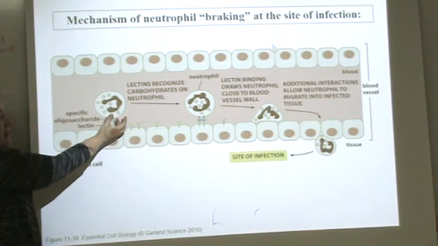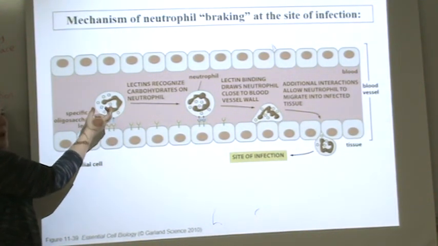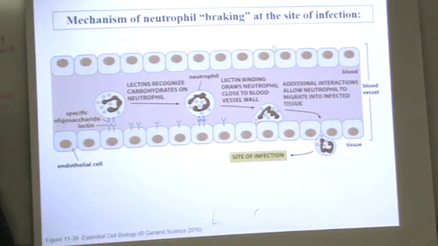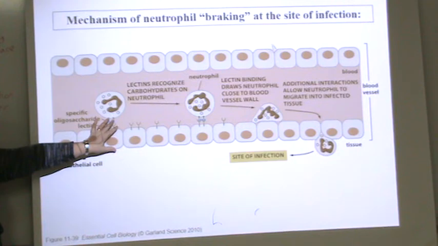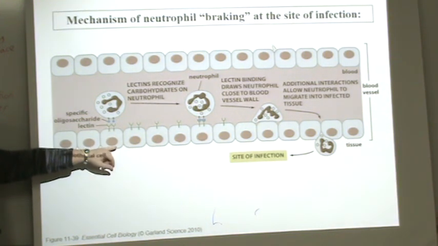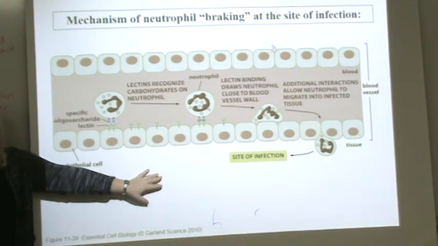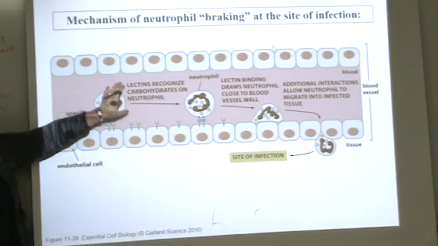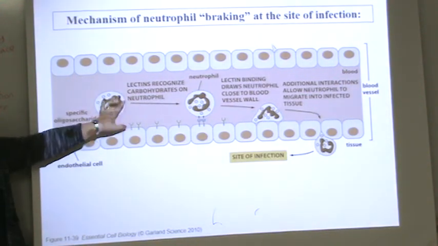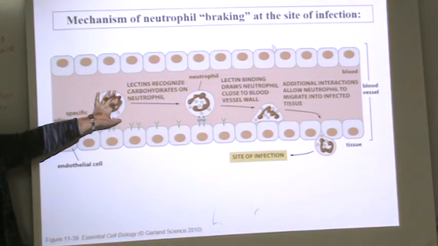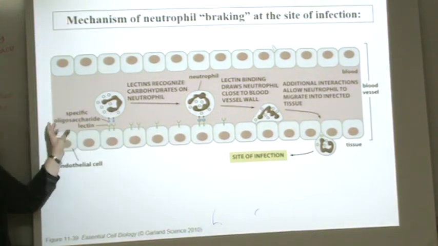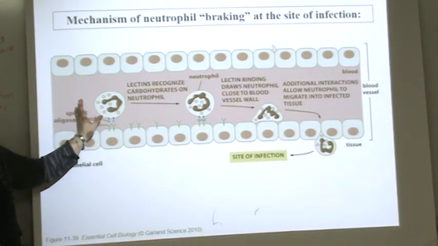Once the lectins are there, they can catch or brake, B-R-A-K-E, get this neutrophil to slow down and stay here, because something is going on where there's an infection down here. The neutrophils are going through the bloodstream. Someone's got to get their attention. Hey, come here. Slow down. And then it rolls. I love that. It was round. It got caught.